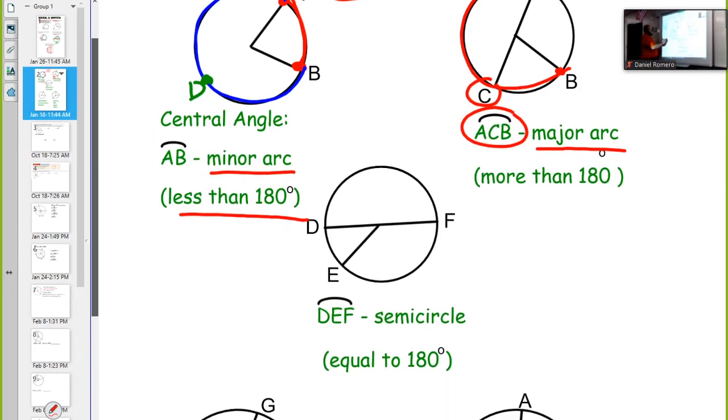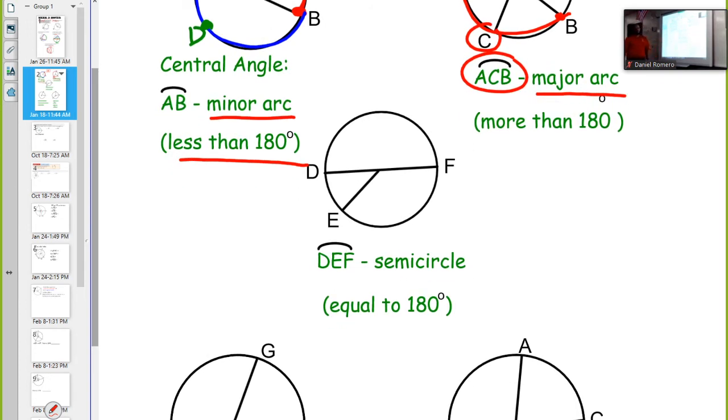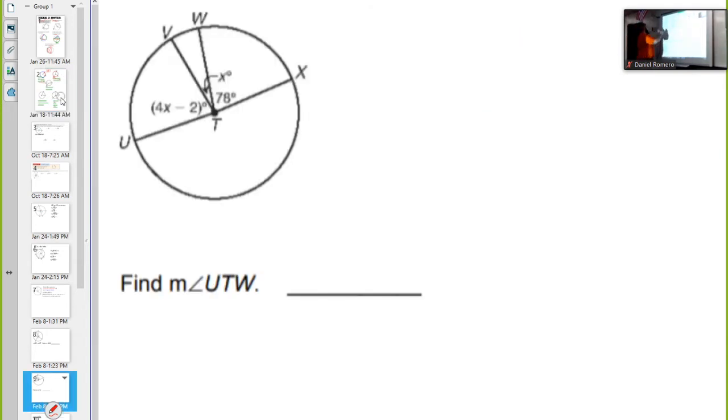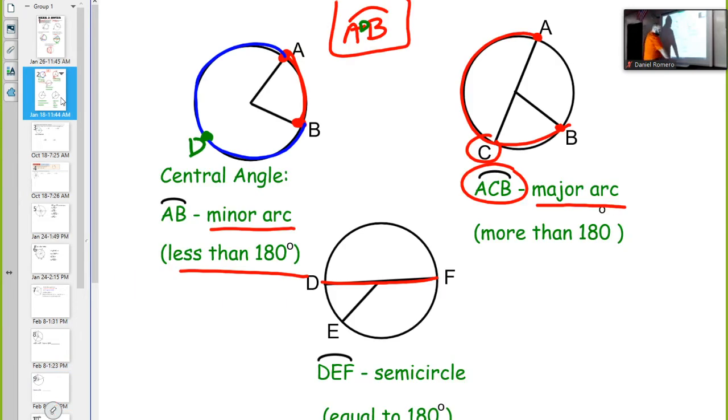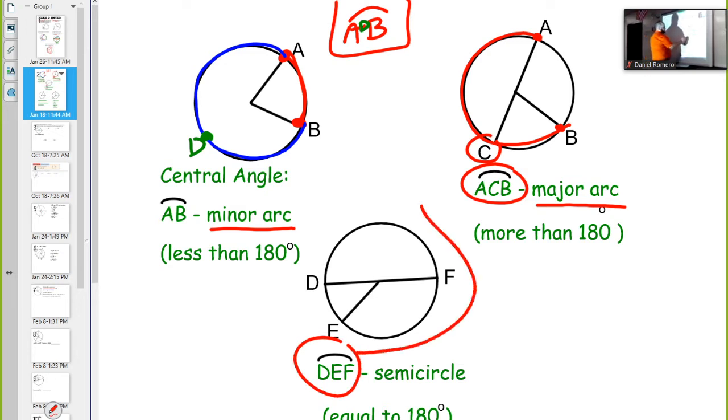And really, I don't have one solid answer for that because I've seen it both ways depending on the book. So like if you look here, DF is a diameter, right? So if I want to start at D and go to F, really this is the way it should be. The way that you should be naming a semicircle, this is the way I've seen it most often, is with 3 points. You treat a semicircle as if it were a major arc.